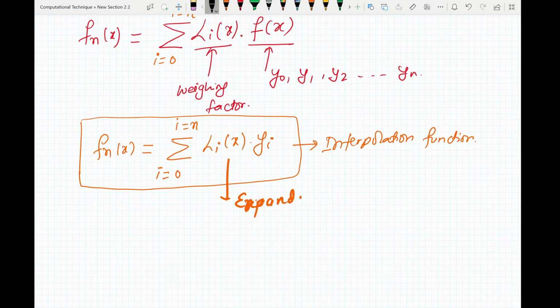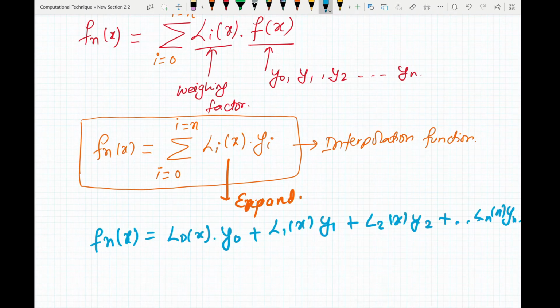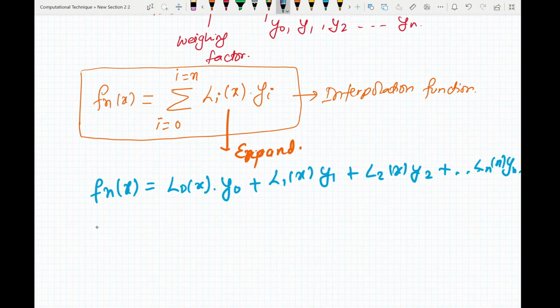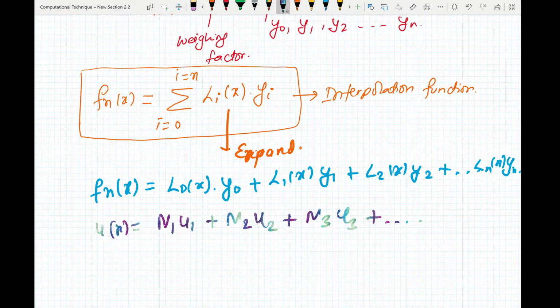I can see here that this is similar to how we write our displacement solution, which is ux in the form n1 u1 plus n2 u2 plus n3 u3 and so on. And here these n's were the shape functions.